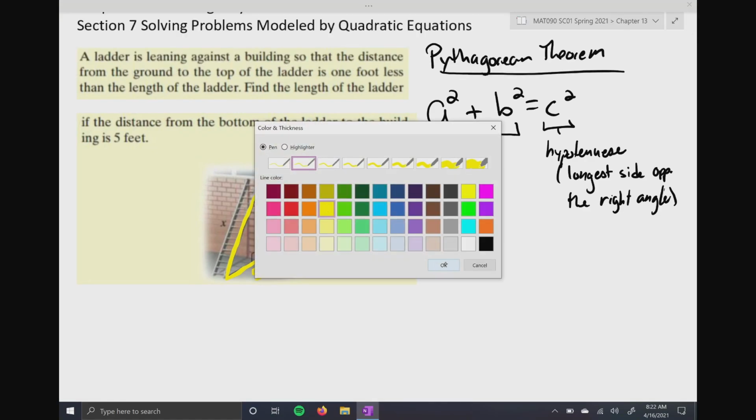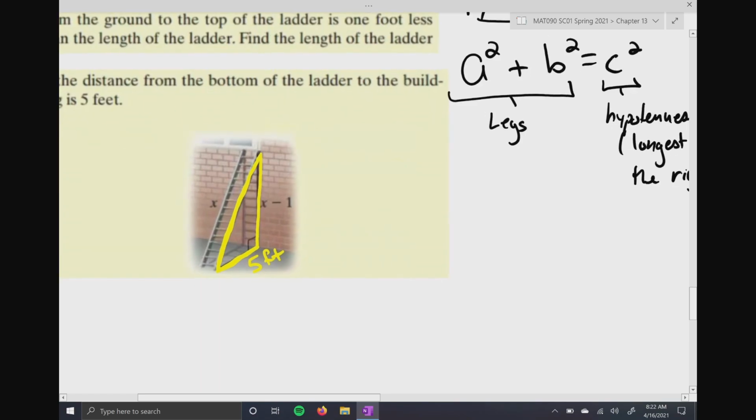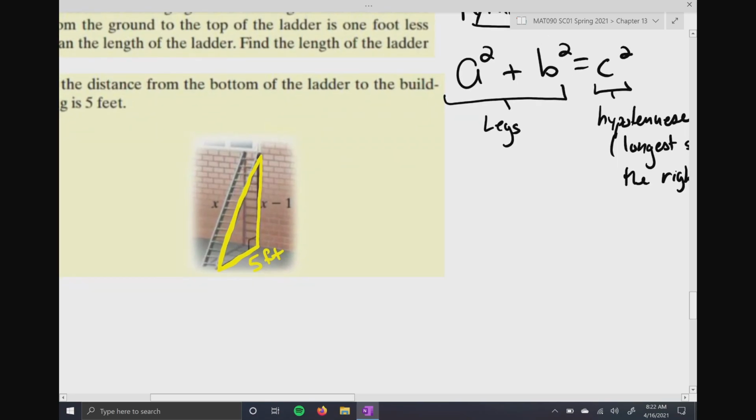If I'm looking at my right triangle, that is how I would label it. The longest side opposite the right angle, right here's the right angle, that is going to be C. And then the other two sides, it doesn't matter what you label them because they're just the legs. So A and B. All right?